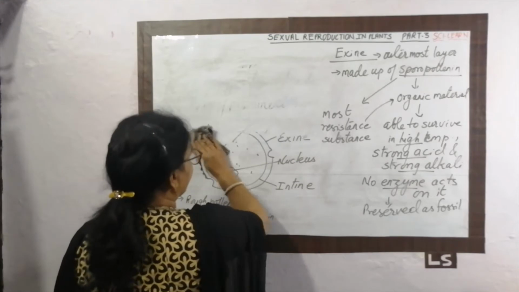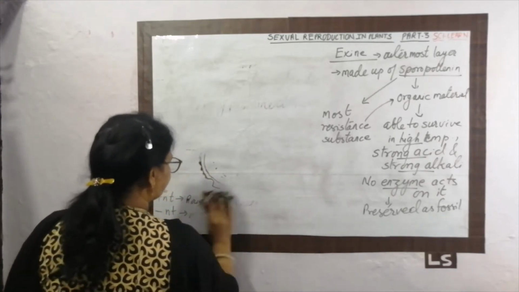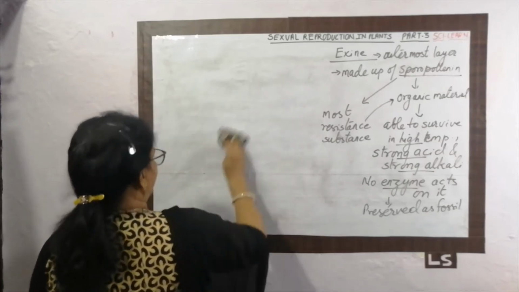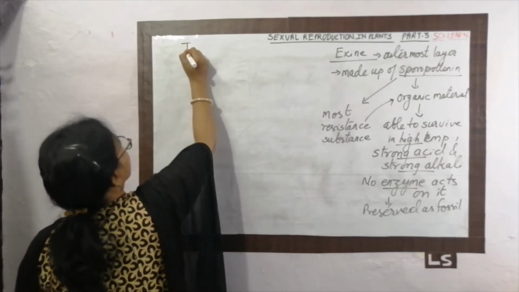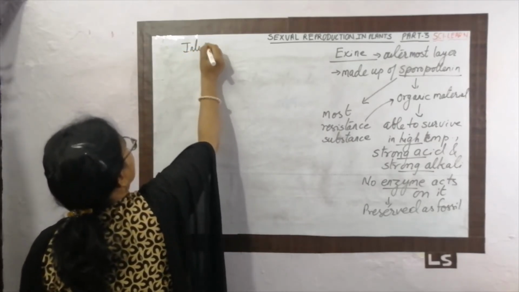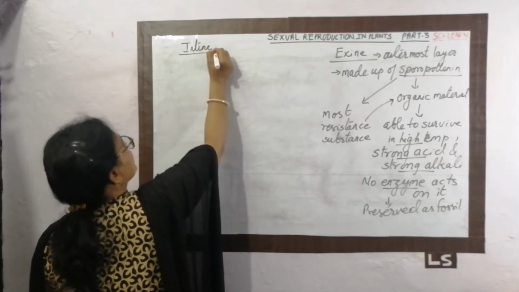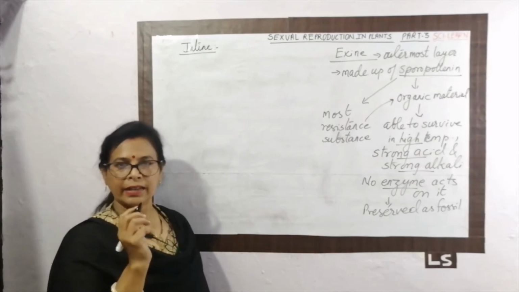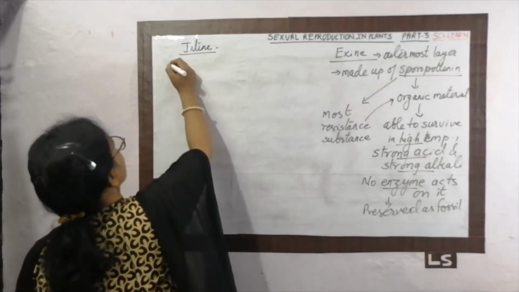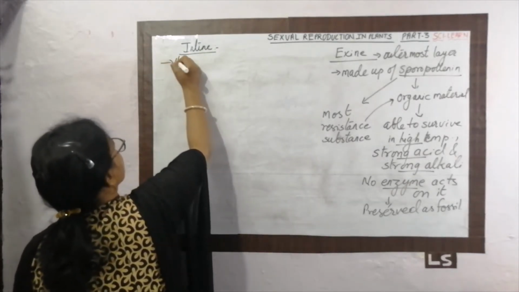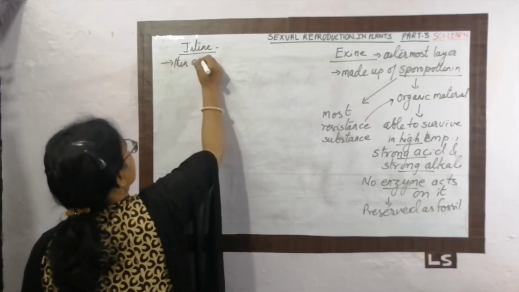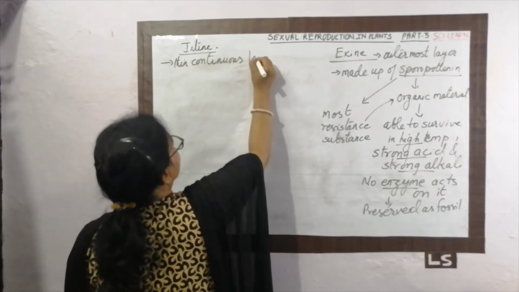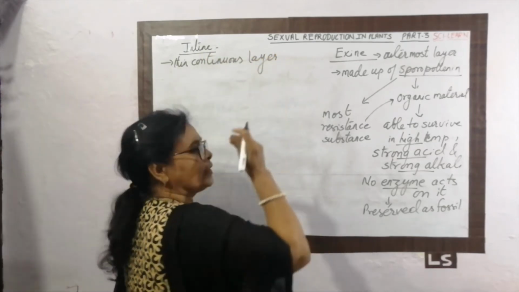Now, what about the intine, the innermost layer? Out of the two layers, the inner one is called the intine. What is the importance of this intine? It is a thin continuous layer.